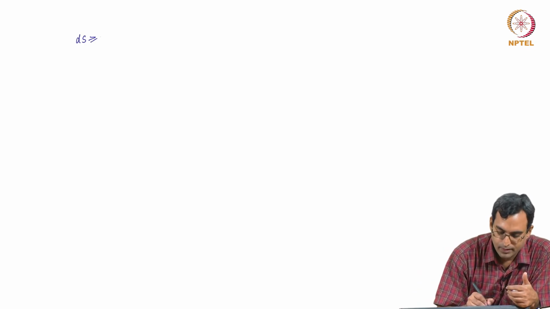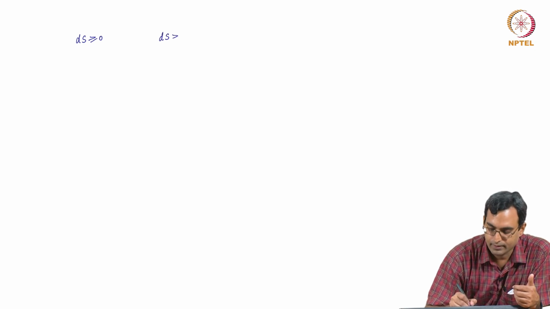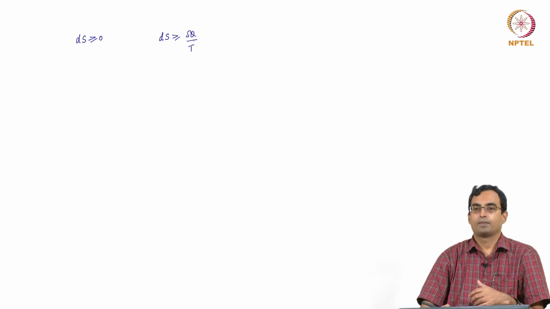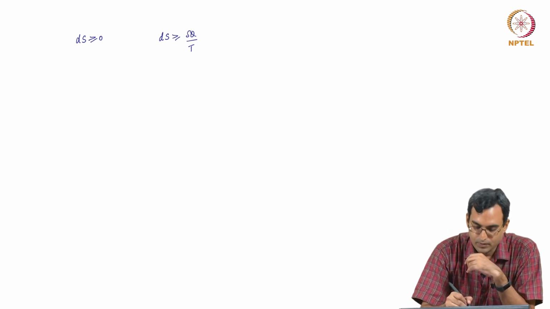So, we looked at the principle of increase of entropy, which essentially said that for an isolated system ds is greater than or equal to 0, and in general we said that ds is greater than or equal to del q by T. This is an inequality for an irreversible process, and inequalities are not very useful. We know it is greater than, we do not know how much it is.